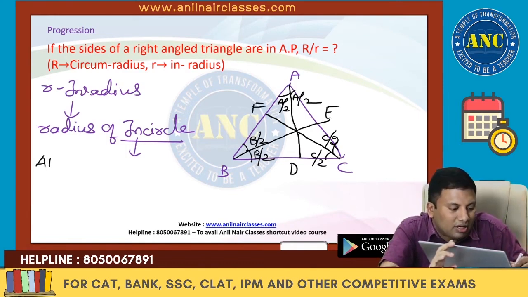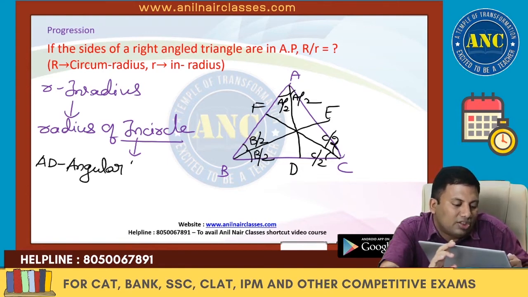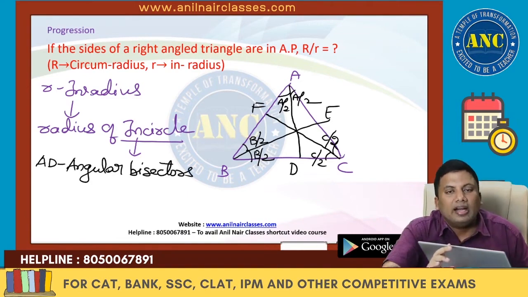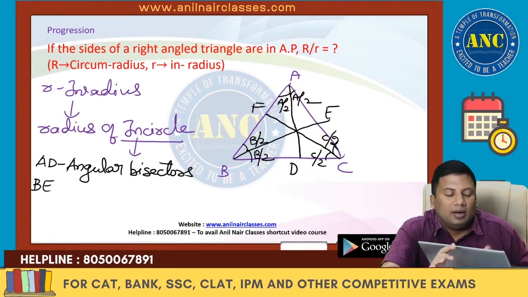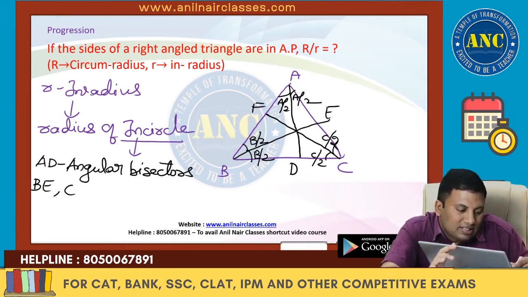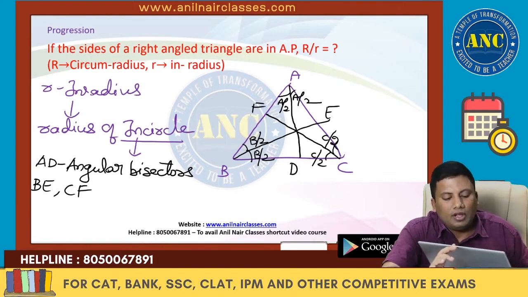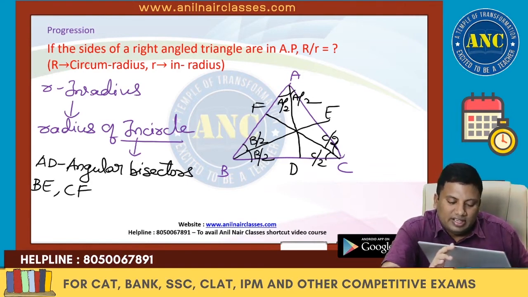AD is nothing but the angular bisector. Bisector means anything which divides into two equal parts. Here it is dividing the angle into two equal parts. Similarly, BE is dividing angle B into two equal parts, and CF is the angular bisector dividing angle C. AD, BE and CF.